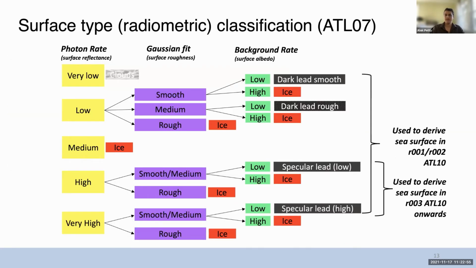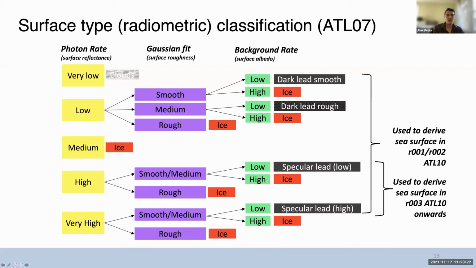As I said, for sea ice, the key is really differentiating ice from open ocean or leads, because then we difference those heights to derive freeboard. So again, there's a complicated algorithm that Ron developed to do that radiometric classification. The key things it uses are the photon rate, the Gaussian fit that I talked about earlier, and also the background rate to essentially figure out what might be a lead versus ice.